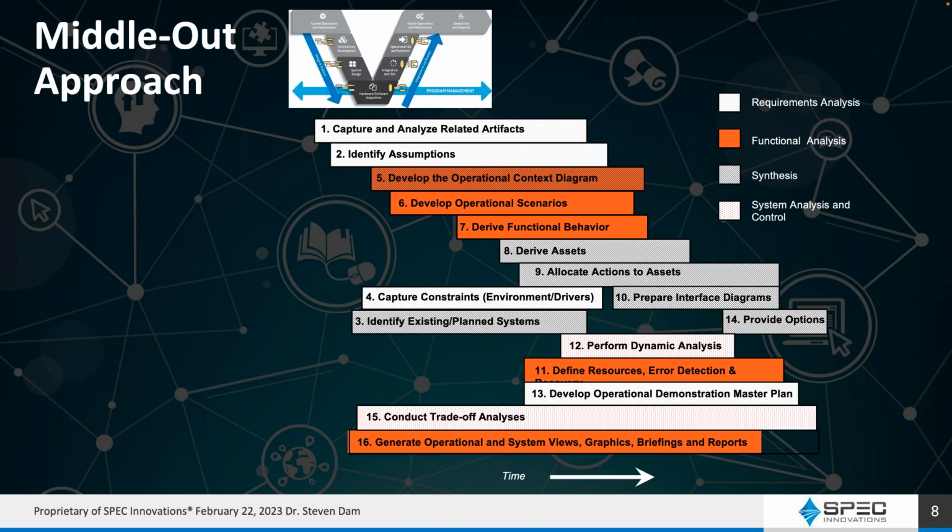So we analyze requirements where appropriate if we've got them, and that may very well be just laws and policies, other constraints that are problems. We take that information and then I spend a lot of time doing functional analysis, because that's where I can derive the functional behavior I want from the system.